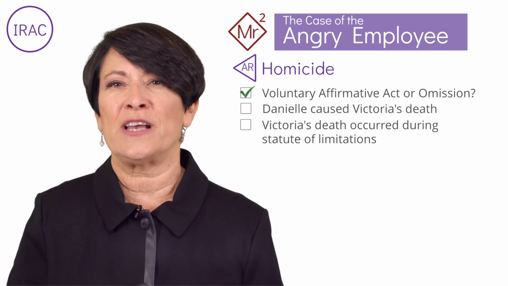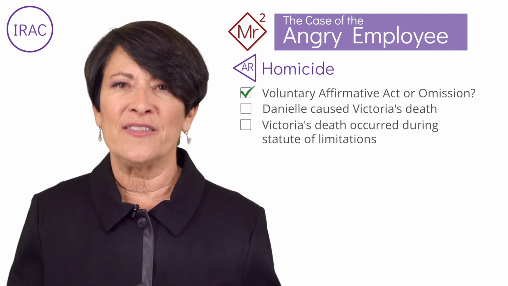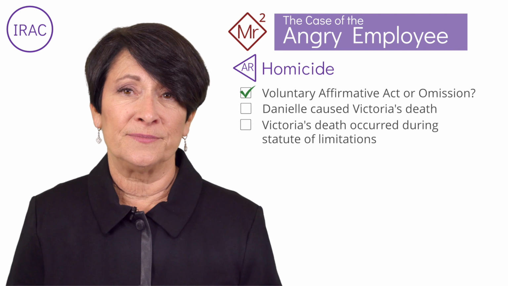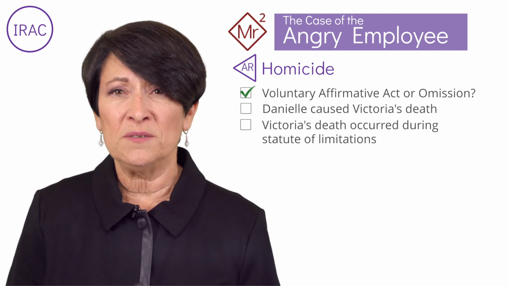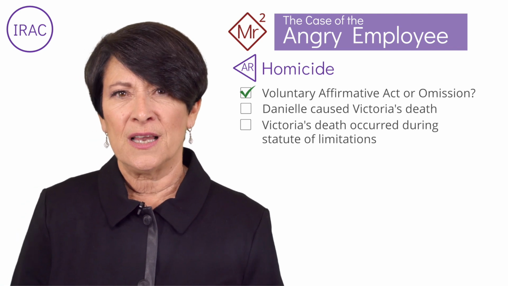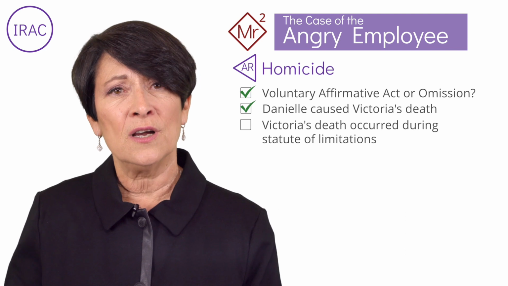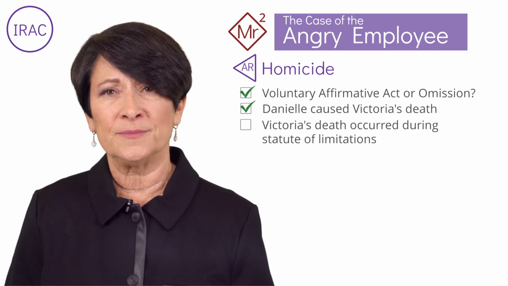She stabbed her in the chest, and she caused her to die. There's nothing in this fact pattern to suggest that Danielle did this involuntarily, by reflex or convulsion, for example, or while unconscious. Second, because there's no intervening acts, we can say Danielle is the direct cause of Victoria's death.